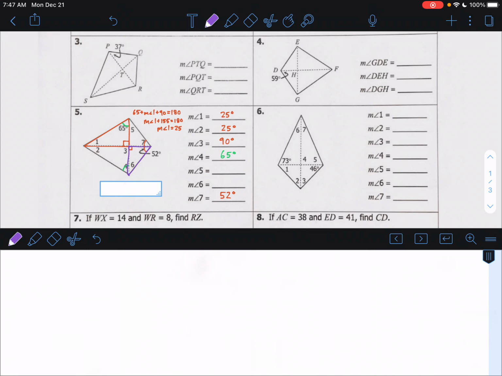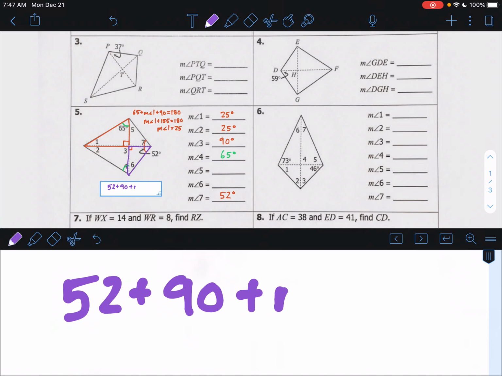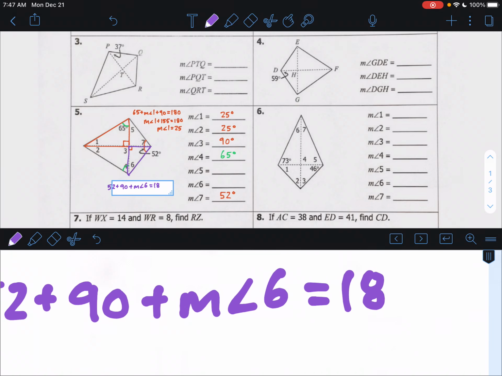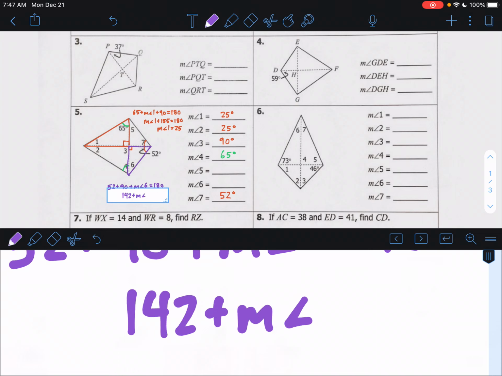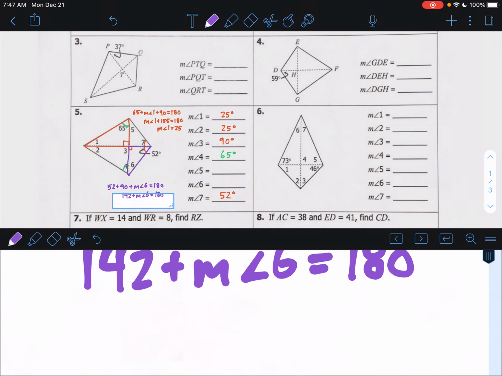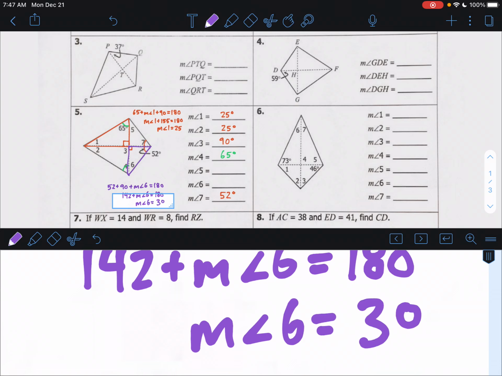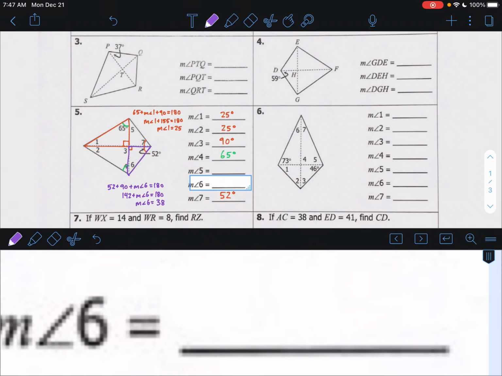So I have 52 plus 90 plus measure of angle 6 is 180, or 142 plus the measure of angle 6 is 180. Subtract that 142 from both sides. We get the measure of angle 6 equals, was that 38? Yeah. 38.